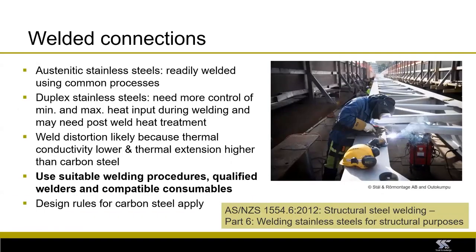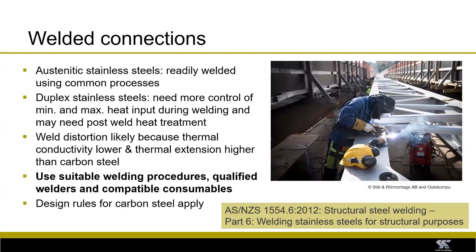Finishing off now, welded connections. Stainless steels are weldable. Duplex stainless steels do need more control because of their duplex microstructure. You do have to control minimum and maximum heat input during welding. There is lots of guidance on how to do that. For example, information produced by IMOA has some very good leaflets.